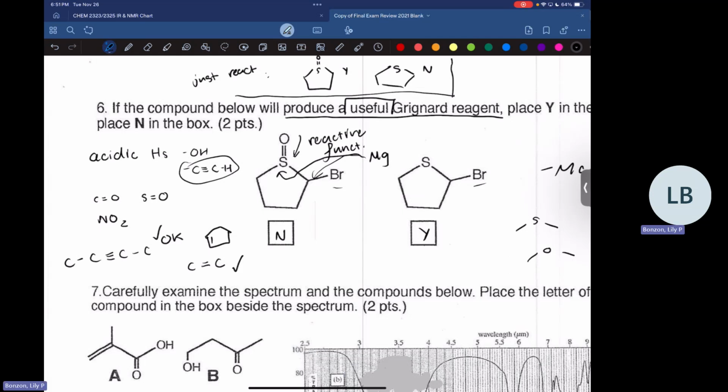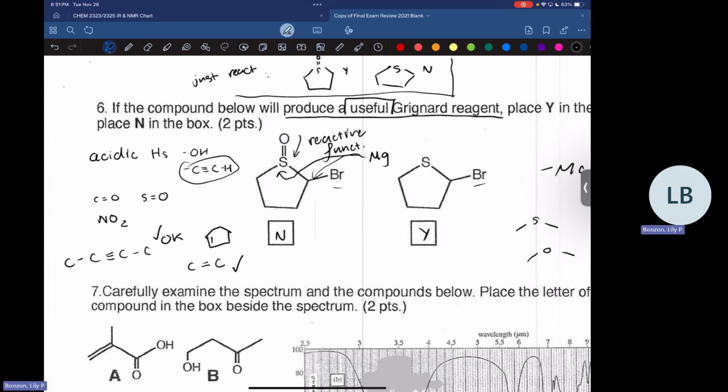So C double bond C is okay, and internal alkynes are okay. But usually any other double bond that you see is probably going to be reactive. So again, I can't remember the chapter off the top of my head, but she does actually like list out a ton of those functional groups that you have to watch out for.